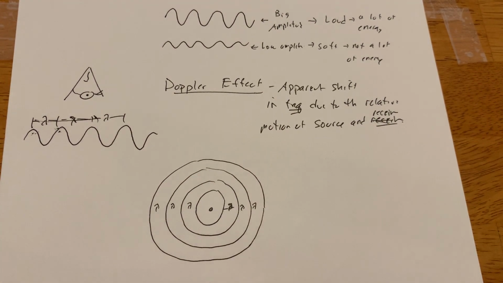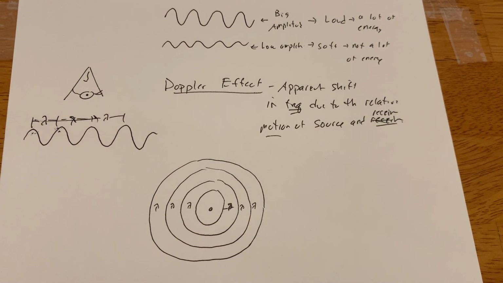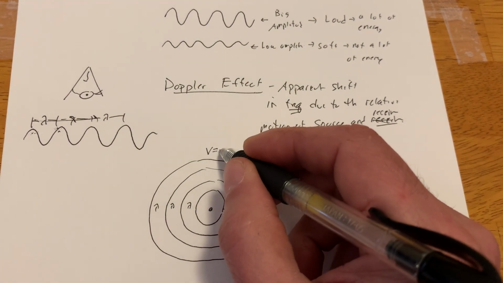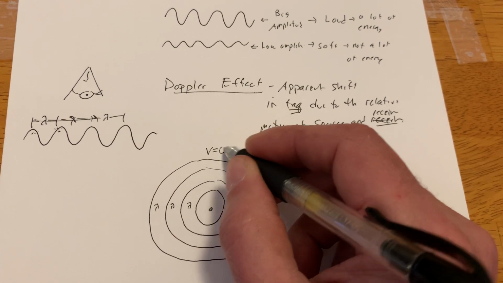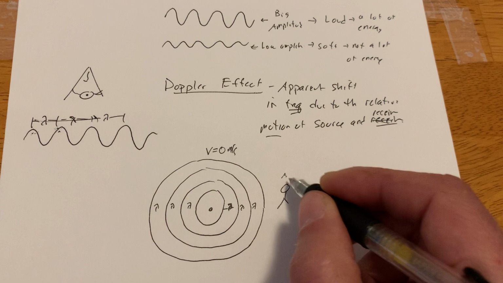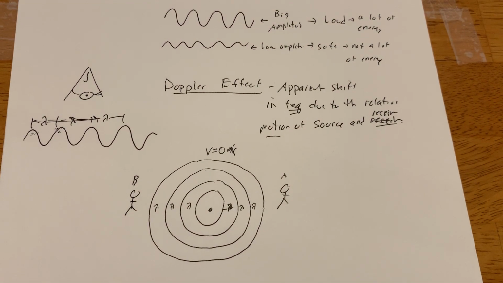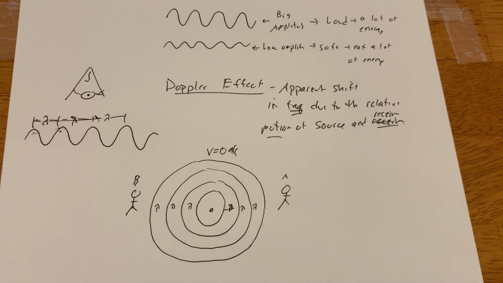Now, let's take a look at the Doppler effect. What did I say the Doppler effect was? It's the apparent shift in frequency due to the relative motion of the source and the receiver, right? So let's let this object, whatever it is, be at rest. Let's put person A here, and person B there, and let's make this a motorcycle engine.